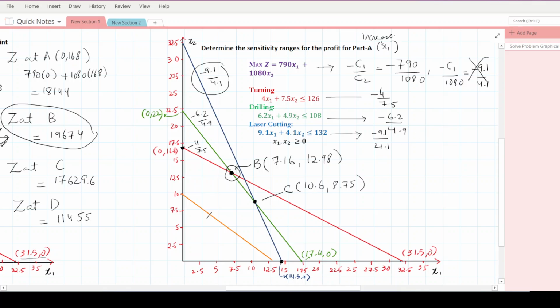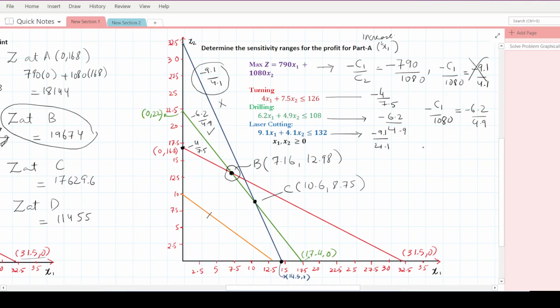In this case, the drilling and turning constraints are passing through the optimal point B. So the right way to do it is minus c1 by 1080 equal to the slope of the steepest constraint, and in this case it is drilling, not laser cutting, and this is equal to minus 6.2 over 4.9.